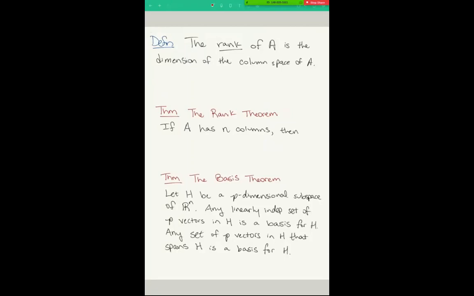If you'll recall from last time, the basis of a column space was simply the columns that had pivot positions. Which columns have pivot positions? They're the ones that aren't free variables. So the rank of A is going to be the number of, I guess, not free variables.